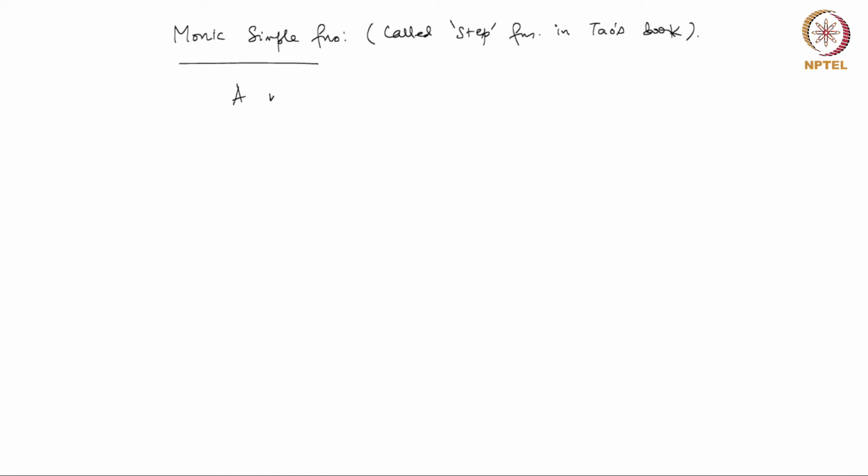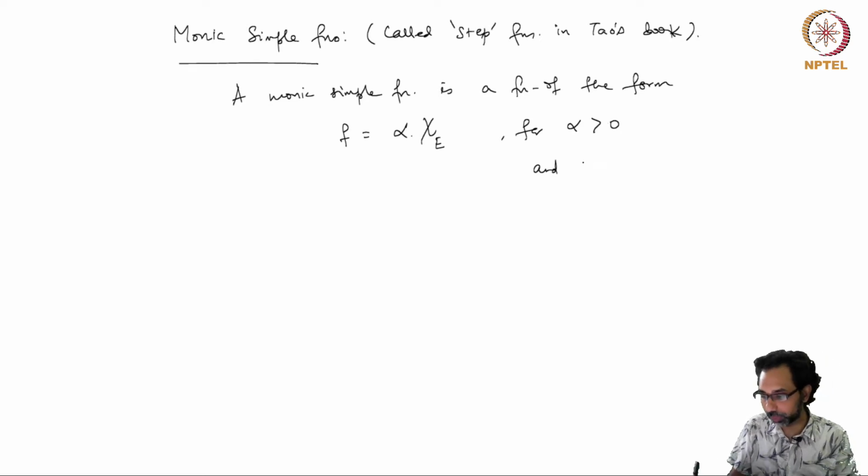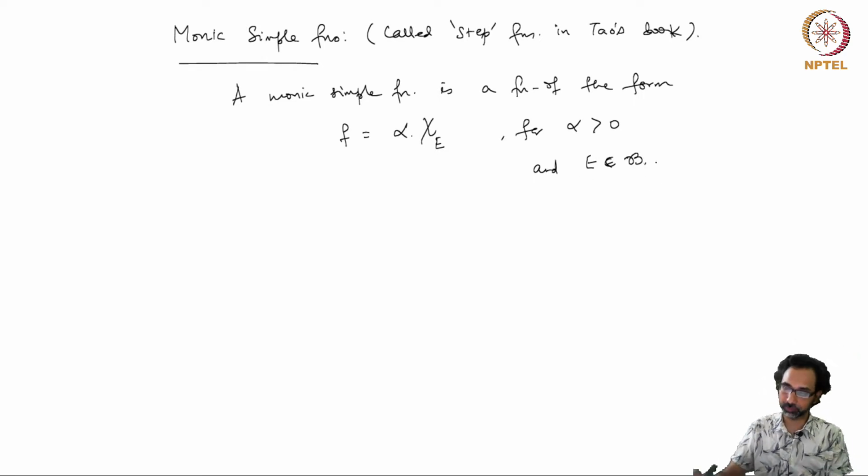So, a monic simple function is a function of the form f equals alpha times the indicator function of E, for alpha strictly positive, and E a measurable subset in X.